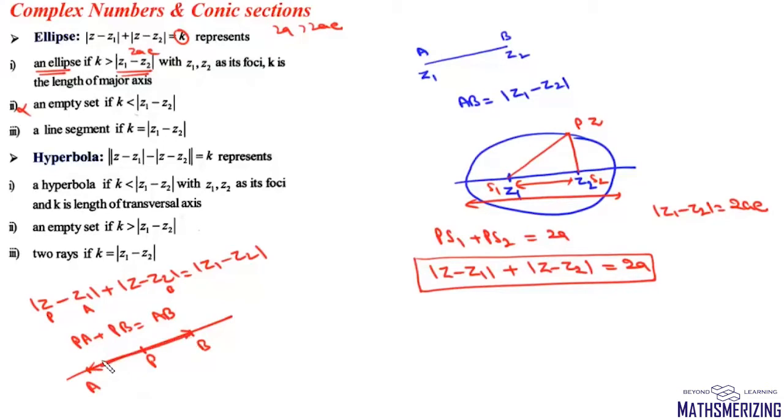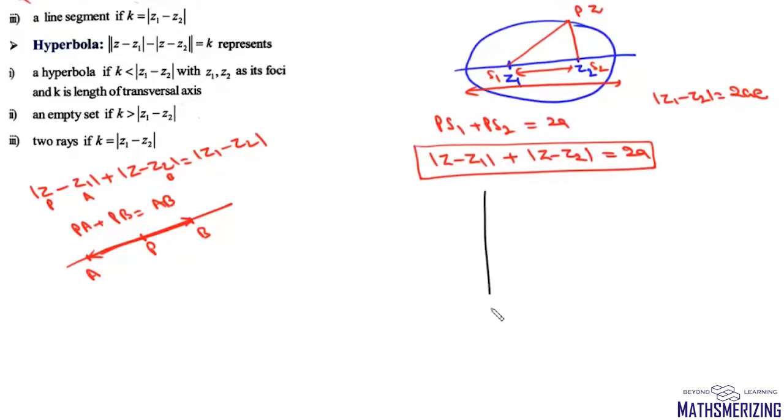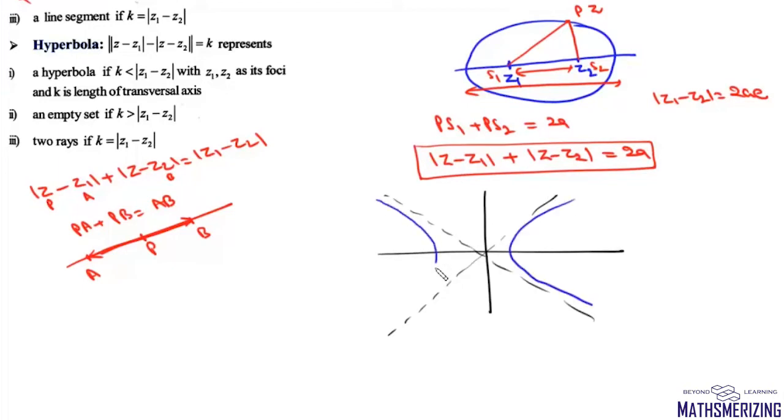In the same way, we can use the focal property of the hyperbola to represent its equation in complex numbers. Suppose we have a hyperbola whose foci are at Z1 and Z2, and a point P on this hyperbola.